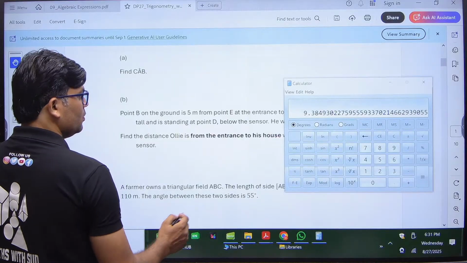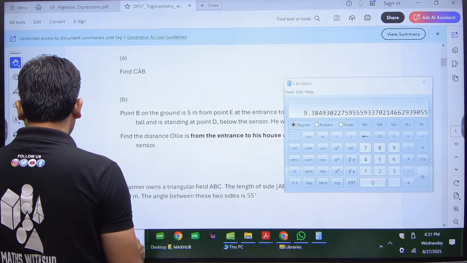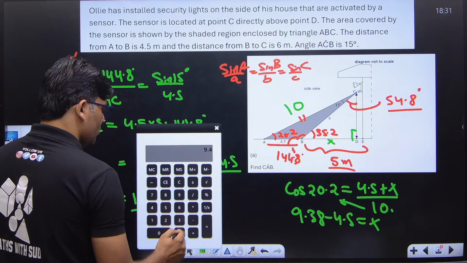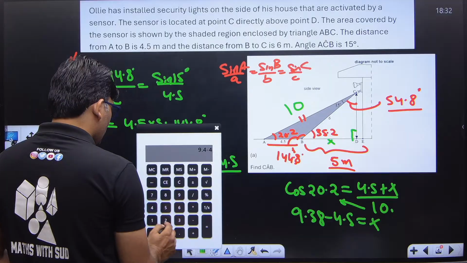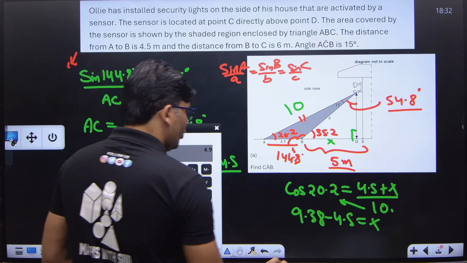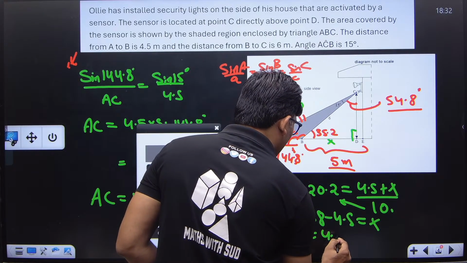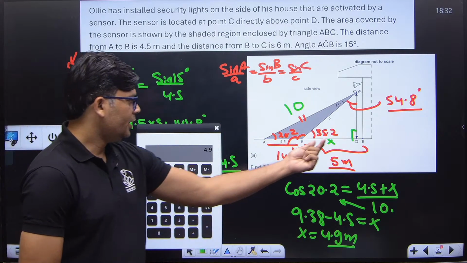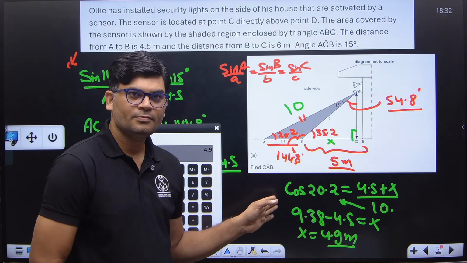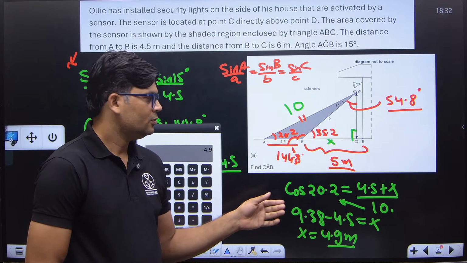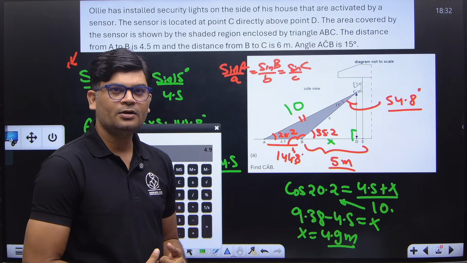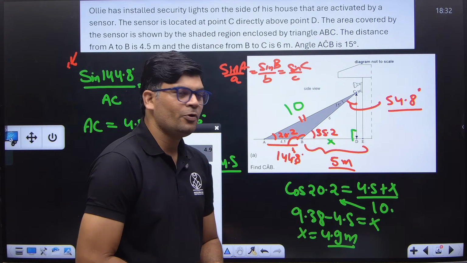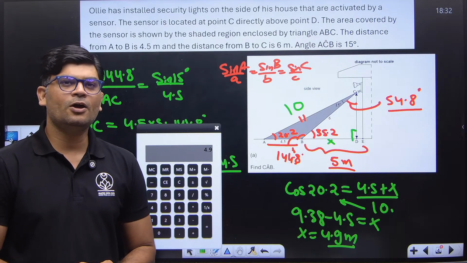In fact we can make it as 9.4. 9.4 minus 4.5, 4.9. So x came out to be 4.9 meter. It is just less than 5 meters. So I think the answer has to be 4.9 meter. Just check it out.